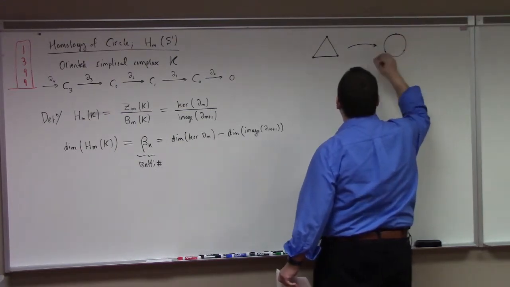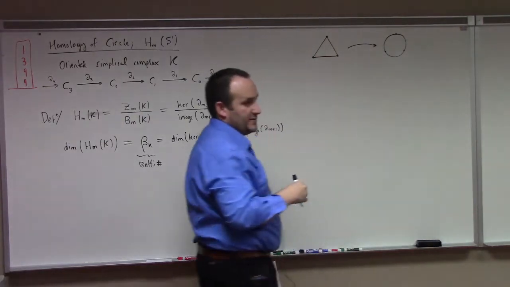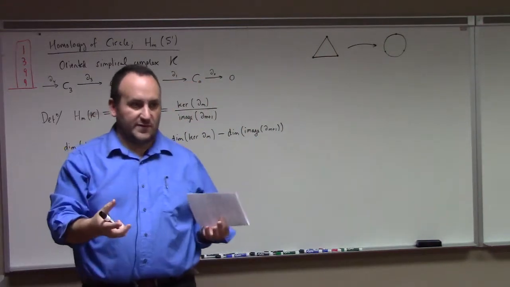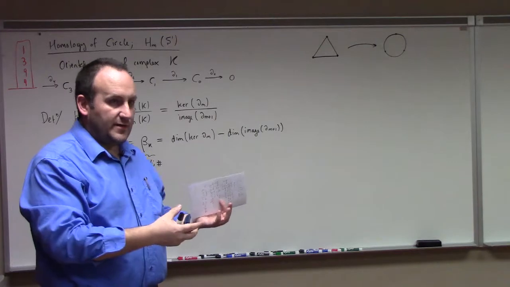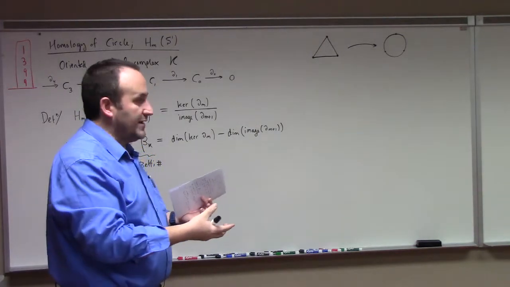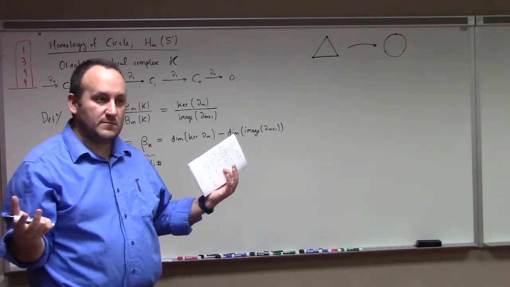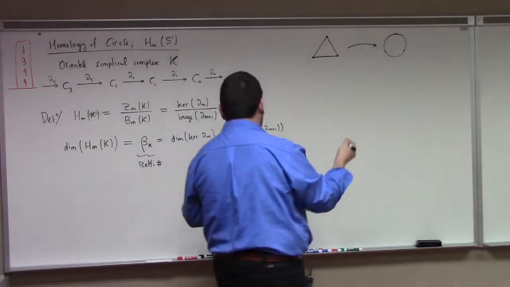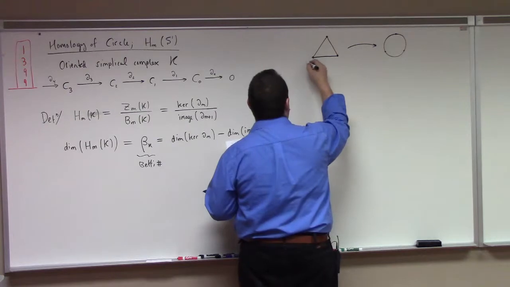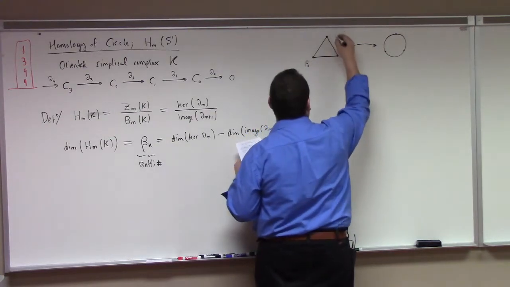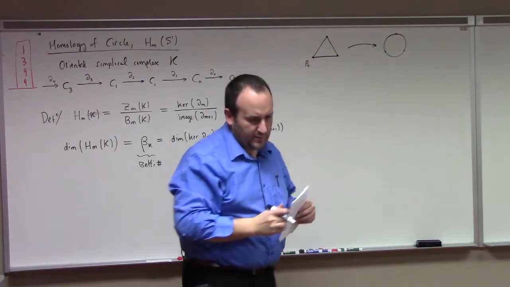You can just kind of think about blowing out the edges, so to speak. That's a homeomorphism from the triangle K to the circle, and so that means that triangle is a triangulation of the circle. In particular, we'll label P0, oh man, remember the diagram.